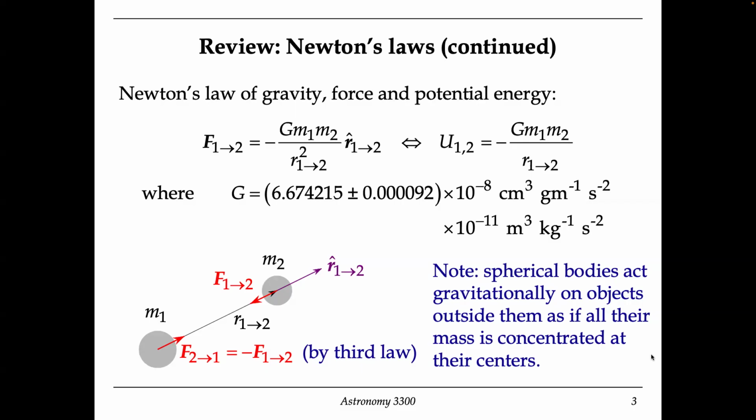And of course, dr would be a little piece of this. And so we'll have to do an integral. We're going to integrate F dot dr, and F is in the direction of dr, so that's really trivial. Those dot products are just 1. And it's F dr. We can do that pretty simply.